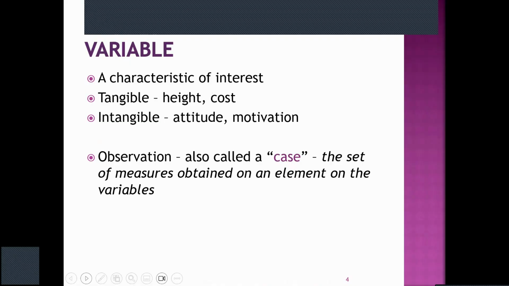So for our person in the previous example, if we have one person and we have their age and we have their height and we have their attitude towards something, those would be three variables which would form an observation on that particular element. Then for the next person, we would have those three variables for that element.